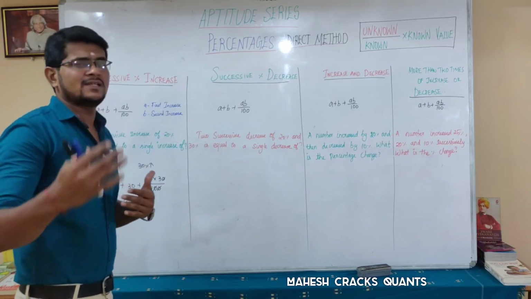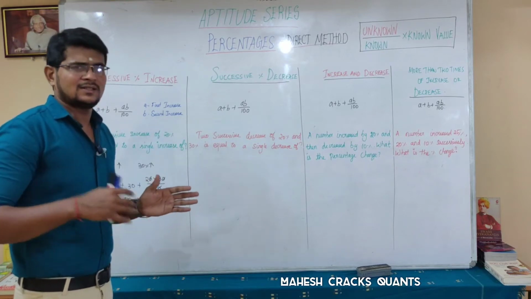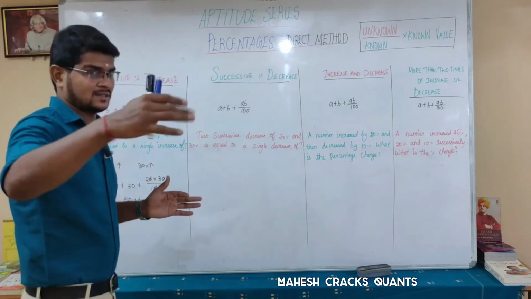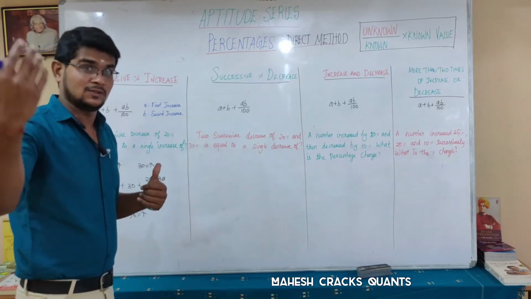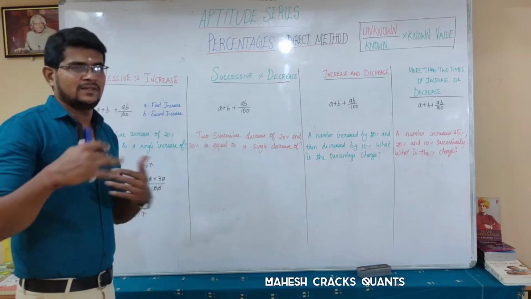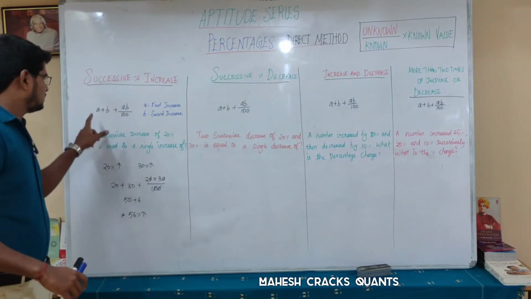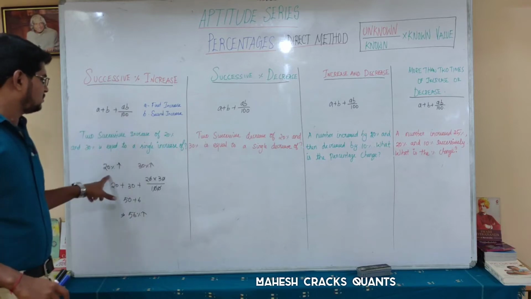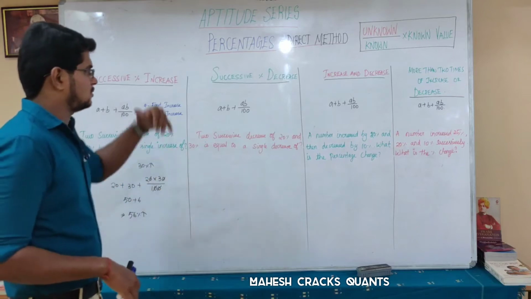It means it is changing from position to position. For example, this year, next year, and then next year. Example 2020, 2021, 2022. Or else 2021, 2022, 2023. The change is there, no? So that is successive. 20%, 30%. Both are positive, both are increasing. That is why I have used only positives.